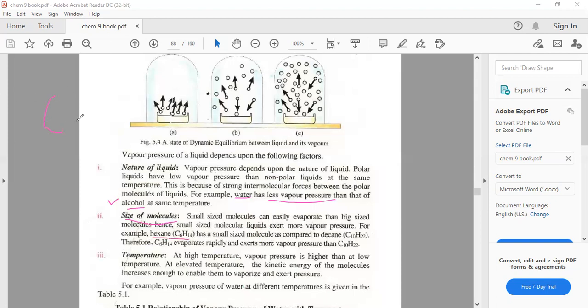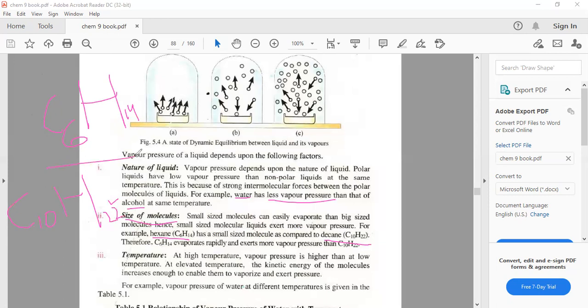Hexane has six carbons. So this structure is smaller than decane. Decane has 10 carbons. So the structure of decane is bigger than hexane.